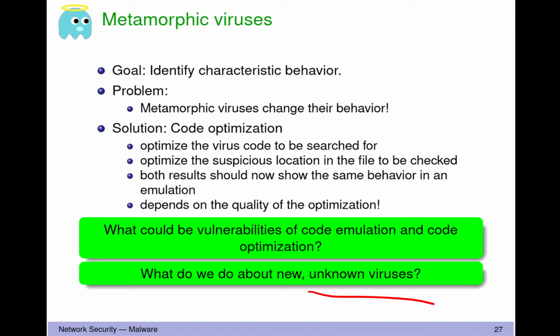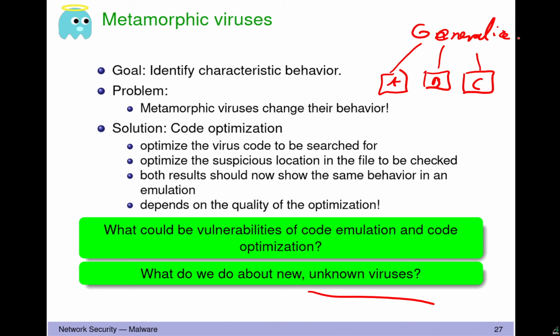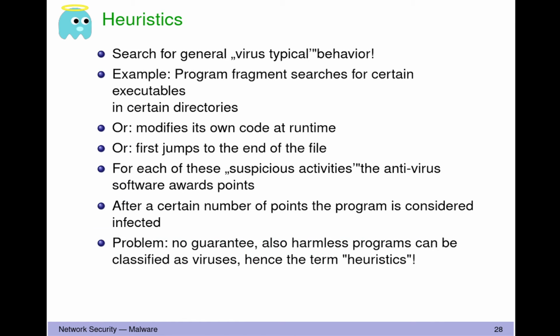Basically you have a signature for virus A, a signature for virus B, a signature for virus C. And what you want to try is to generalize. What is the common pattern that they use? This is where heuristics come into play, where you can identify new viruses by somehow abstracting what is typical virus behavior.